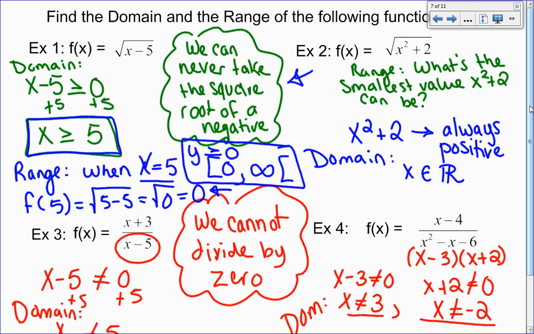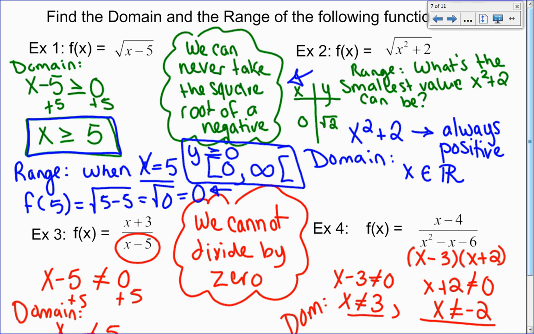Okay, and if you think about it, if we plug in 0 for x, we'll have 0 squared plus 2, which is going to give us the square root of 2.